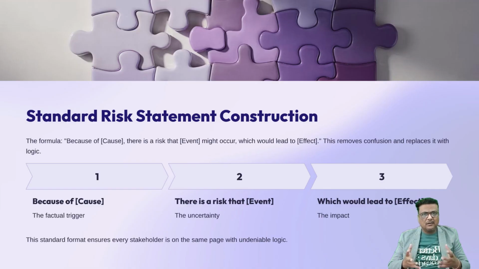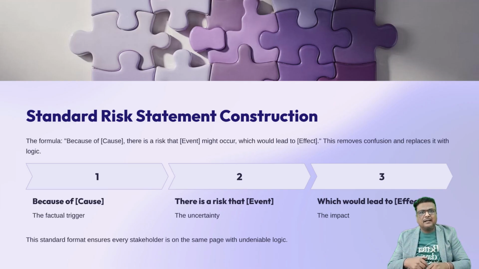It removes the "oh" factor and replaces it with logic. You've probably seen meetings go in circles because nobody can agree on what the actual problem is. When you drop this golden sentence on the table, the room goes quiet because the logic is undeniable. It tells everyone exactly what the trigger is, what we are afraid of, and why it matters. By using this standard format, you ensure that every stakeholder is on the same page.